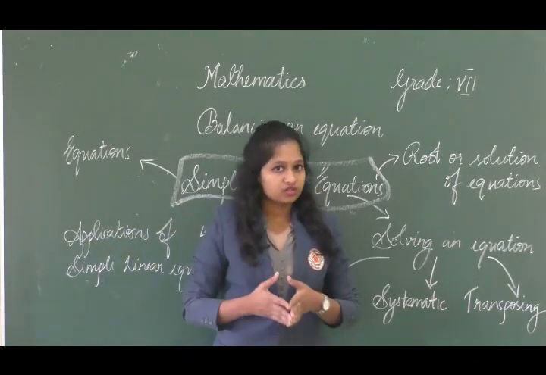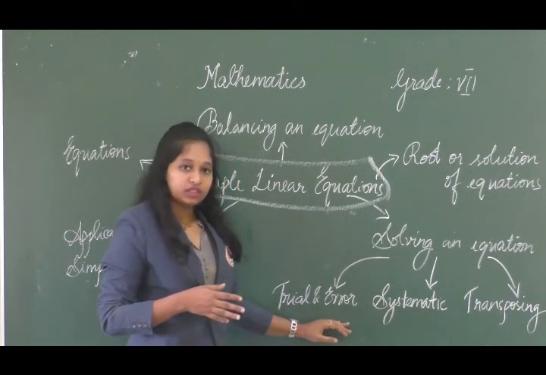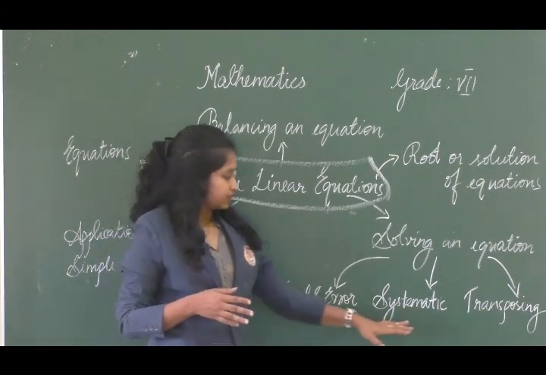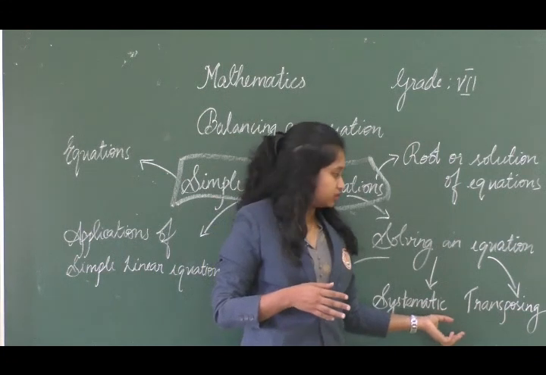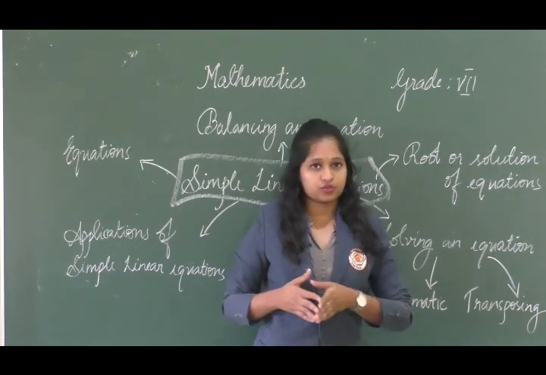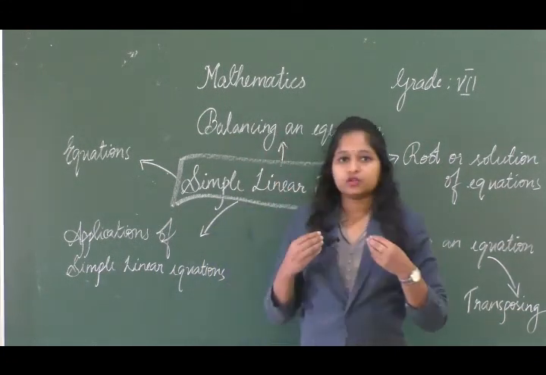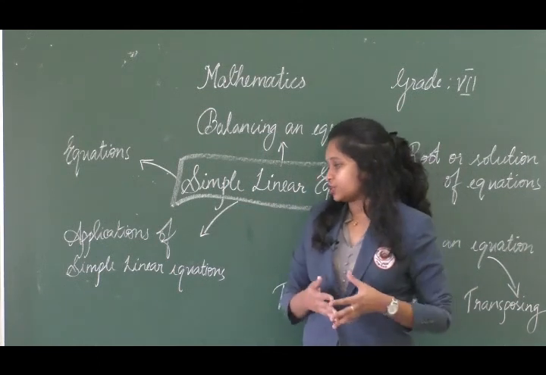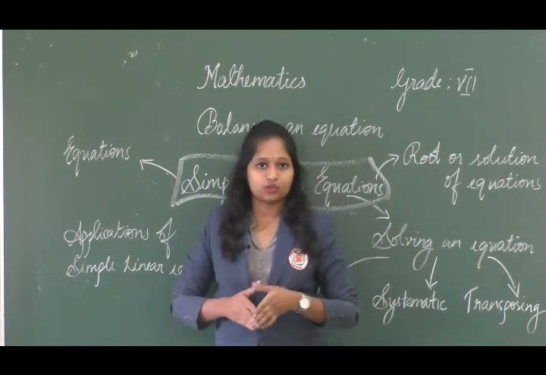There are 3 methods to solve. Number 1, trial and error method. Number 2, systematic method. And number 3, transposing method. And we would also learn some applications of simple linear equations.